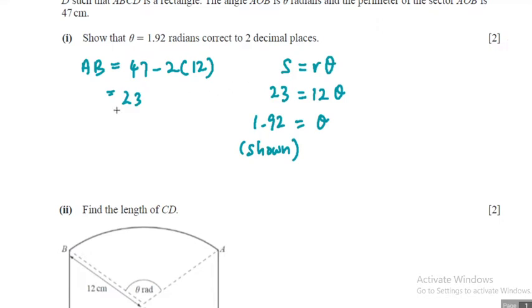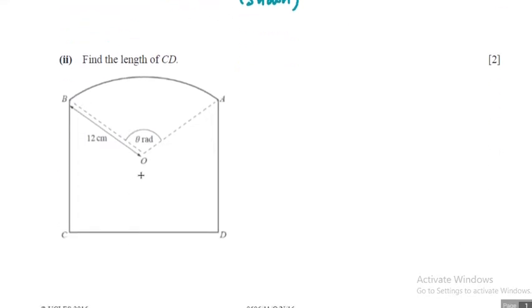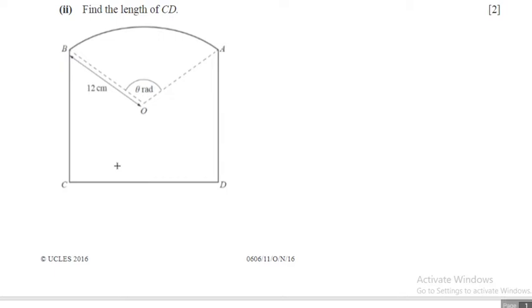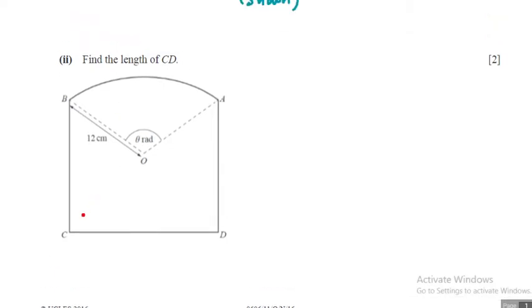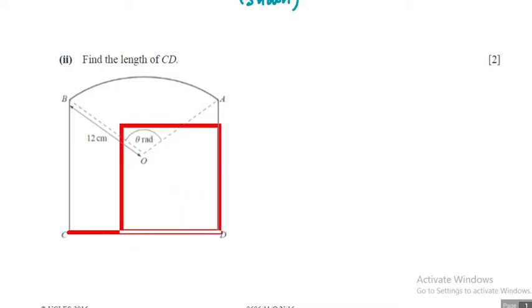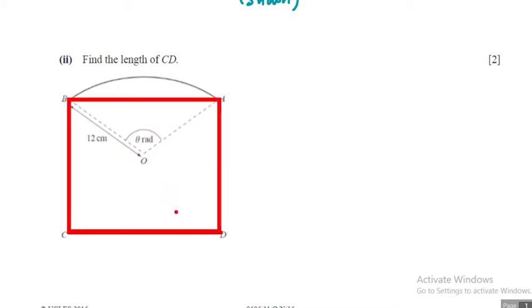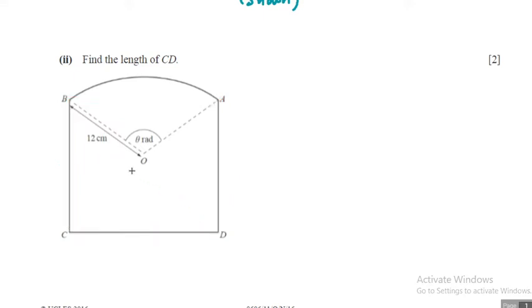Next question. Find the length of CD. How to find the length of CD here? If this is a rectangle, the opposite sides should be equal to each other, isn't it? So instead of finding CD, we just find AB, because do you see this triangle?